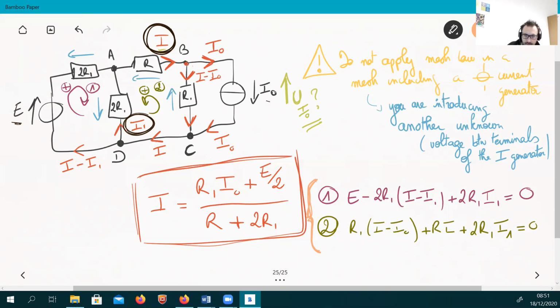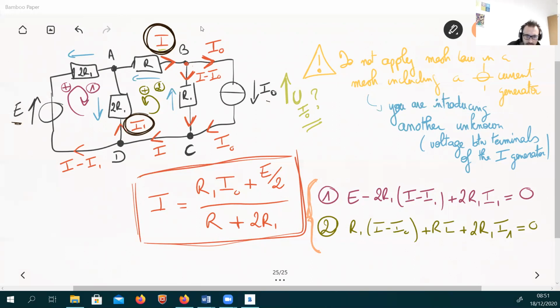Let's see if it's working here. So you see my pointer? Okay. In this mesh, I use this direction, and I can use the same direction in the second mesh, going from left to right.